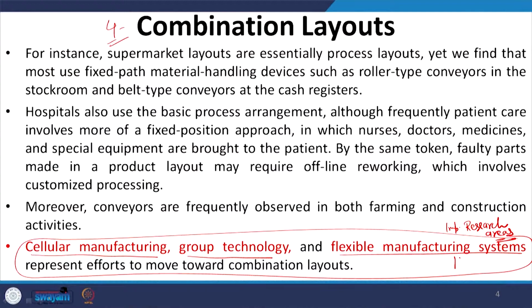These are the kinds of issues very much in use, and this research is properly supported by the use of IT. In these systems, the advancement of IT is a very important driver for the successful implementation of cellular technologies, group technology, and flexible manufacturing systems in organizations.